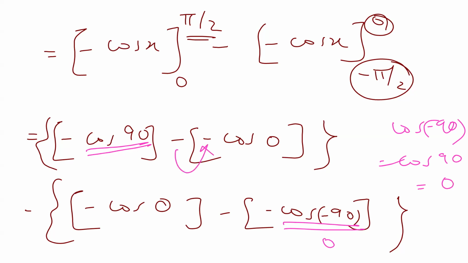Now this minus and minus is plus, and this is going to be 1. This minus and minus is plus, and this is going to be 1. So the answer will be 1 plus 1. The final answer is going to be 2. Okay, yeah.